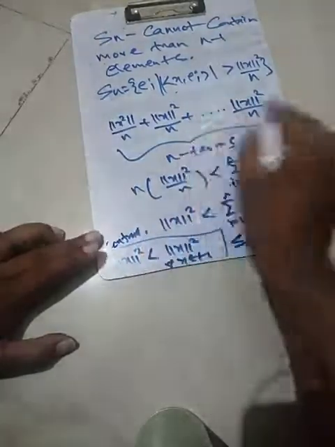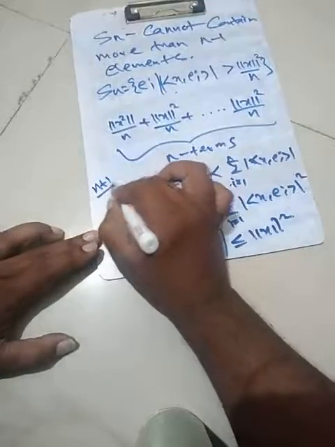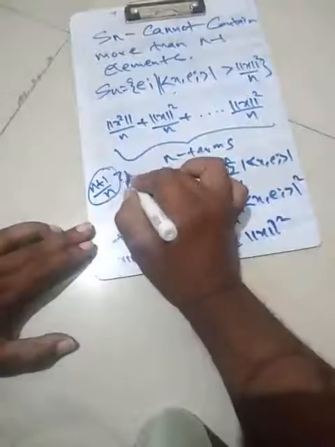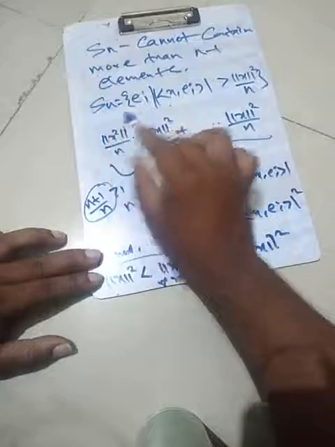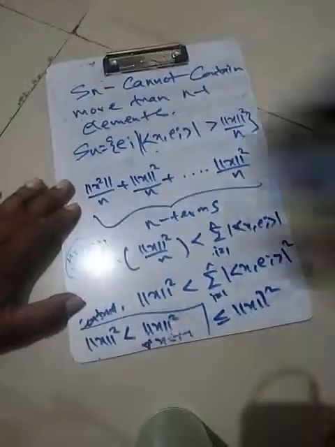So if you assume more than n terms, we would have a sum of the type n plus 1 by n, which is strictly bigger than n. So Sn cannot have n terms, and it cannot have n plus 1 or n plus 2 terms either. So at the most you have an upper bound.